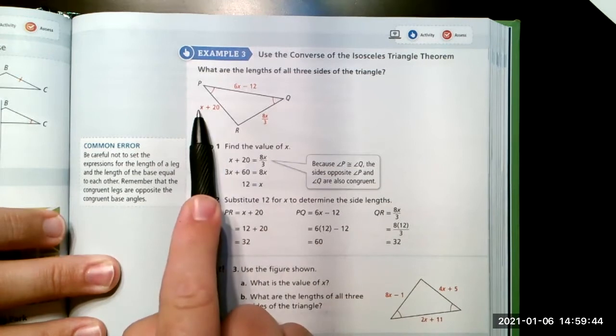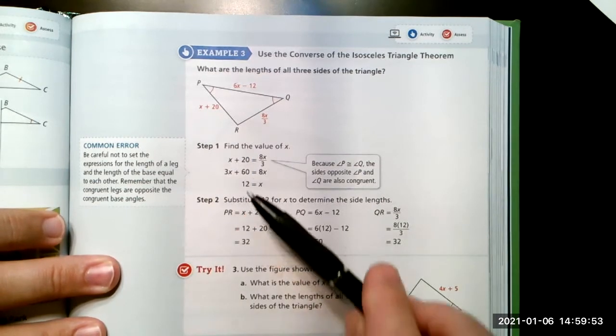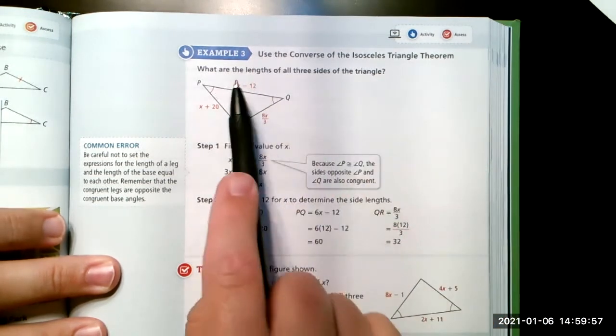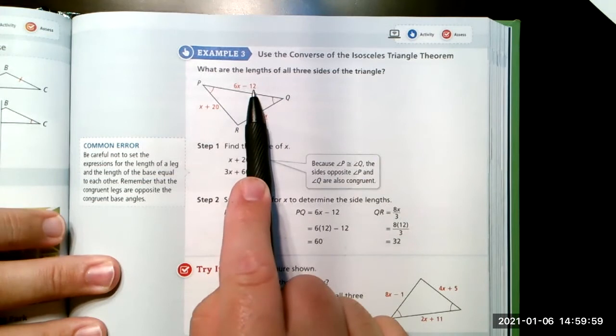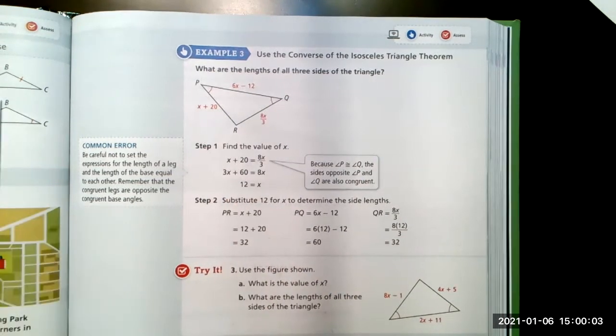So if this is 32, this has to be 32. You can do the math if you want to, but unless I did something wrong, it should be 32. And then if I plug x equals 12 into my base, 6 times 12 is 72. 72 minus 12 is 60. So that's how you can algebraically solve that.